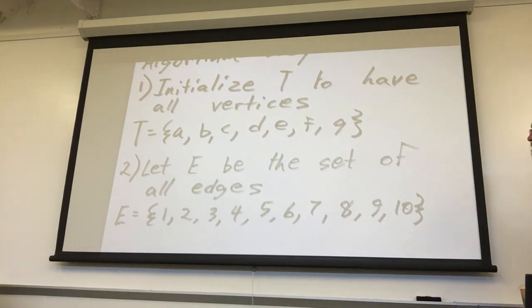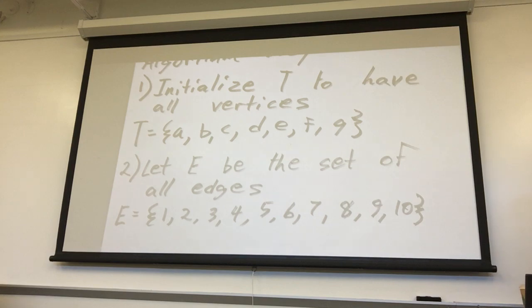That's just to get things set up. The first and second steps of this algorithm just set it up so that you have all the vertices and the edges in two different sets.